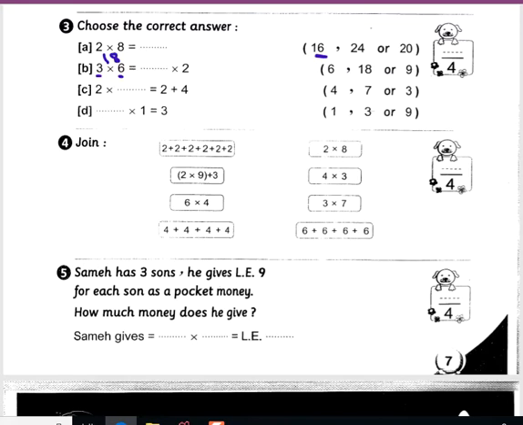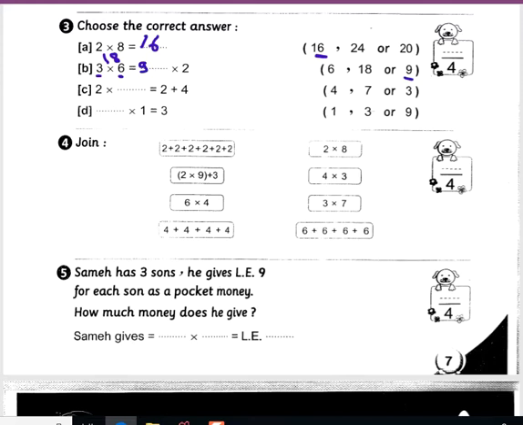We want the number in table 2. The product will be 18. 2 times what equals 18? It will be 2 times 9. So here, final result is 16, and here, final result equals 9. 9 times 2 equals 18.